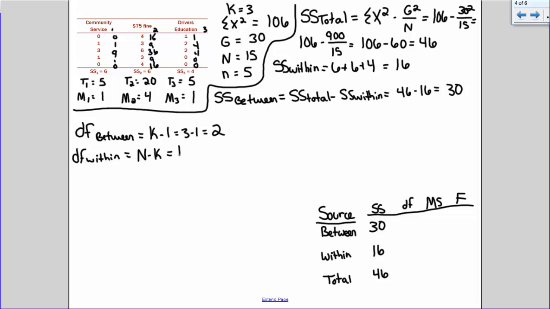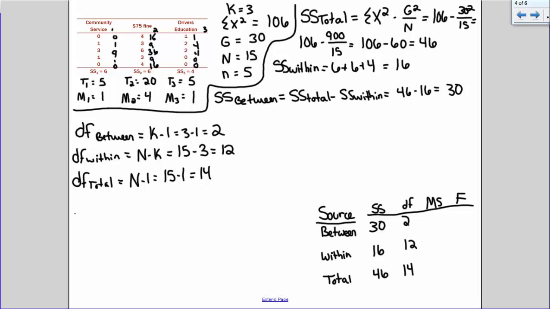And n is 15 minus 3, 12. So we've got 2 and 12. And then our degrees of freedom total is equal to n minus 1. 15 minus 1 is 14. This was just like the previous example because we had the same sample size and the same number of levels.